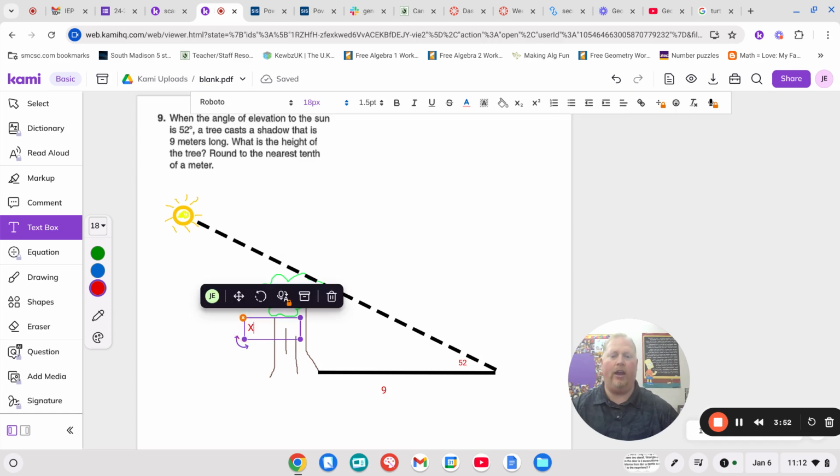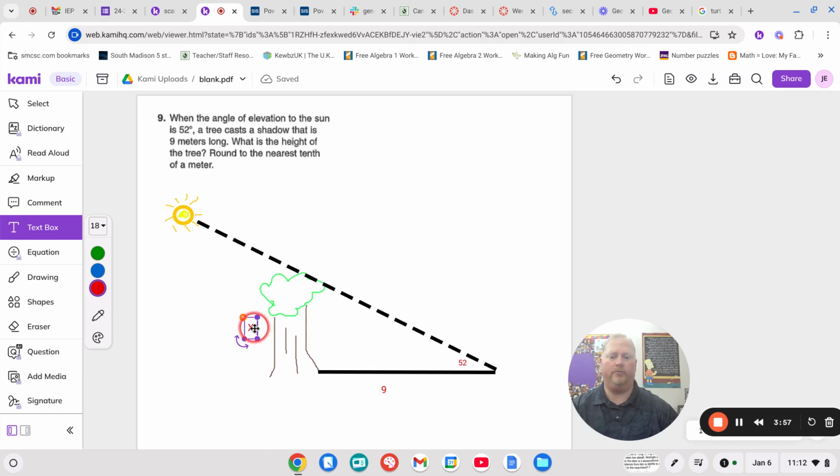And we want to figure out how tall the tree is. So that's our variable. So as we can see, we've got this triangle now, where 52 is the angle, x is the opposite, and 9 is the adjacent. So opposite and adjacent, that is OA TOA. So we're going to be dealing with tangent.